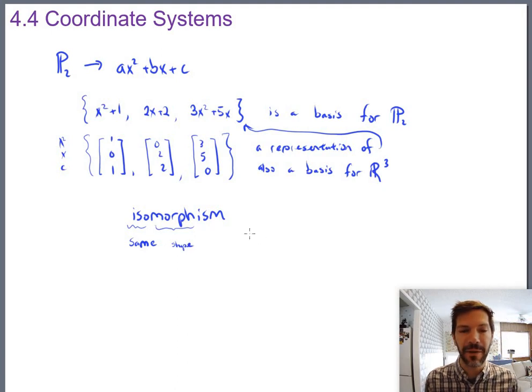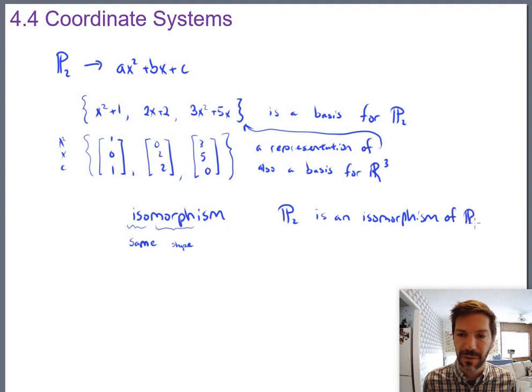But mathematically, an isomorphism is two different things that can be mapped directly to each other. Any operations on one are exactly the same as doing operations on the other one. So here we would say that P2 is an isomorphism of R3.